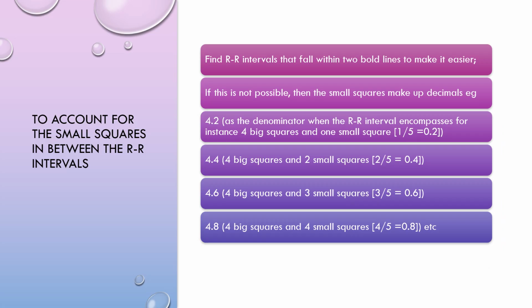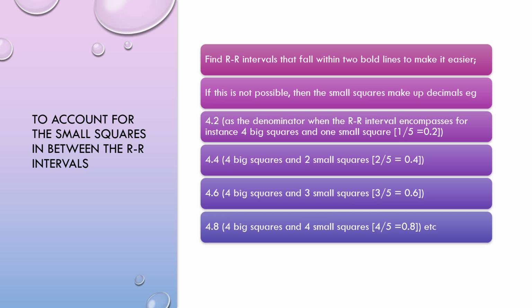But what if your RR interval does not fall between the bold lines? If this is not possible, then we can either count small squares and use 1500 divided by the number of small squares, or convert the extra small squares into decimals, which is what I have here. So I'll just give an example. Let's say that we had 4 big squares and 1 small square.